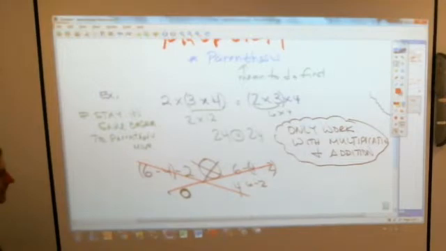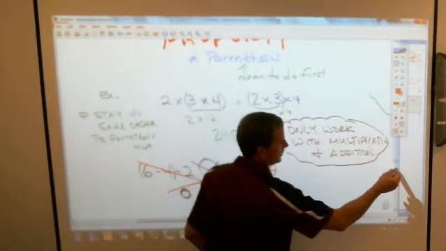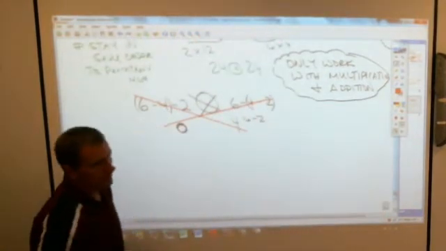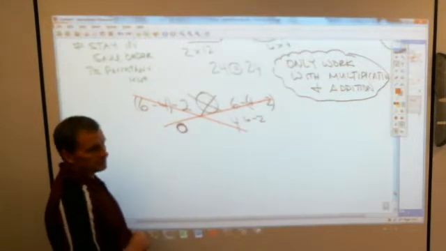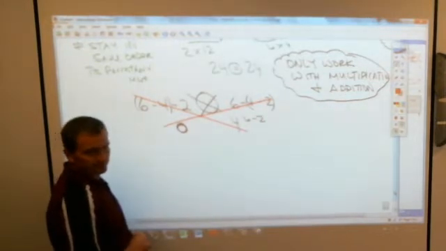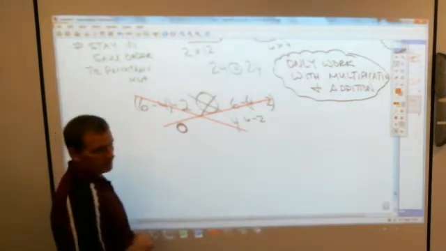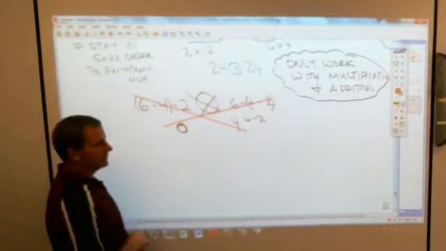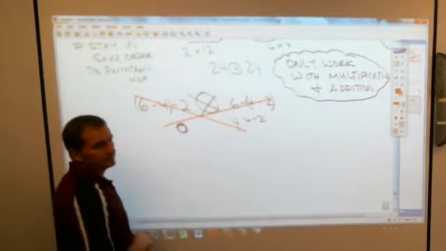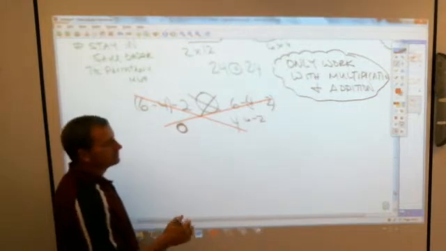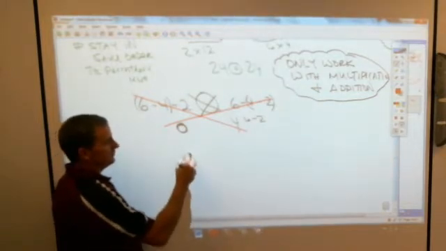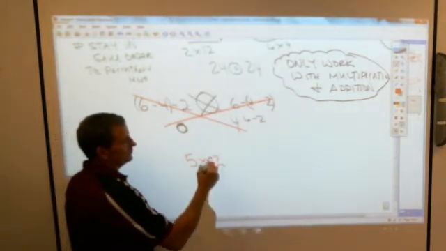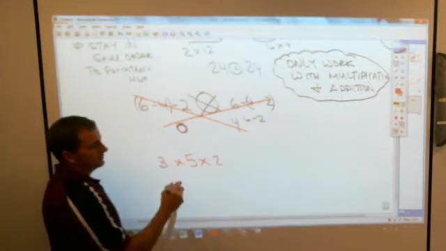And don't get that confused with the commutative property. Can you tell me what the commutative property is? Rearrange the order. Yeah, so here's 5 times 2 times 3.